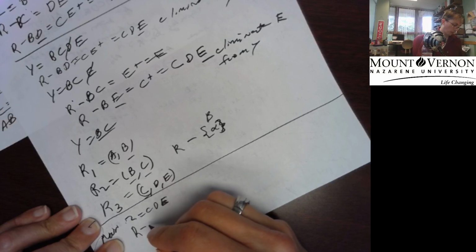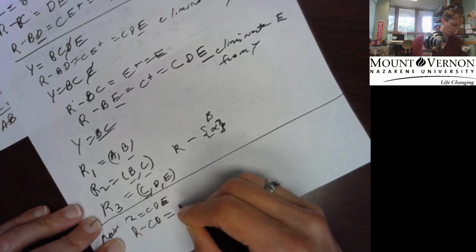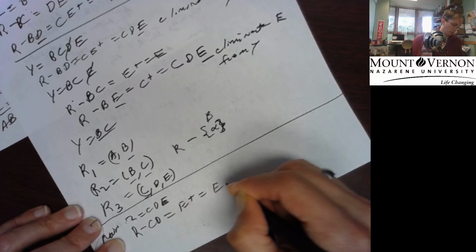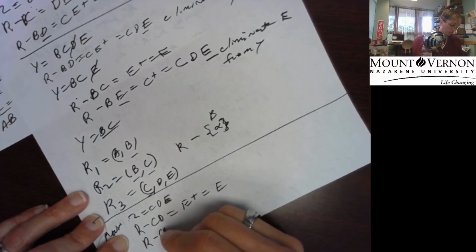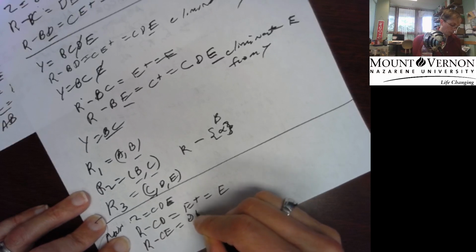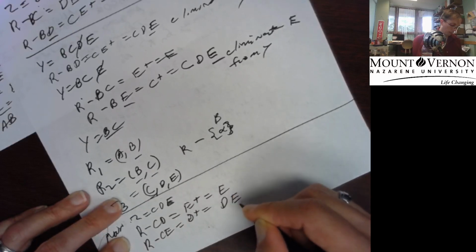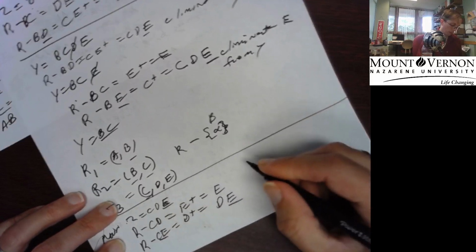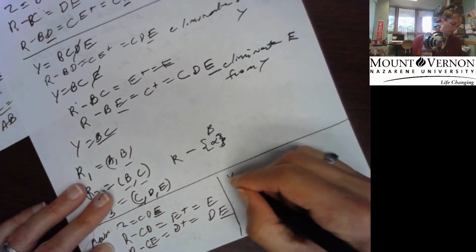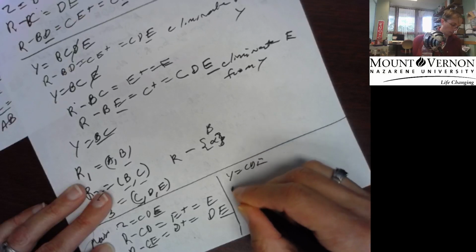So now let's look at R minus CD. It gives us E closure, that's just E. We'll look at CE, that gives us D closure. It gives us D and E. Alright. So there we go, there's an E, there's an E, there's an E. So we go to our decomposition step. Reproduce that.